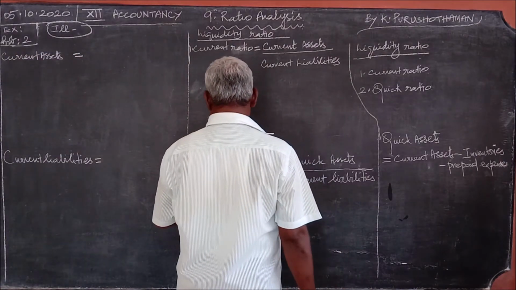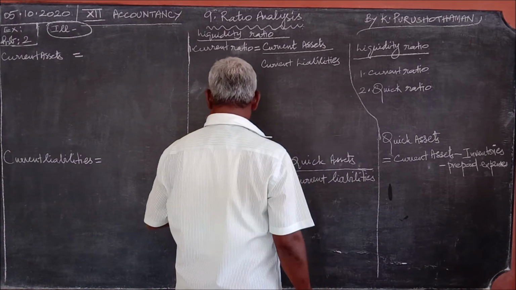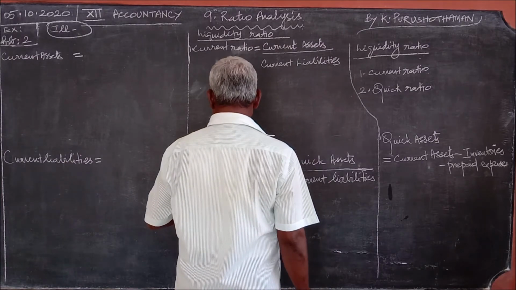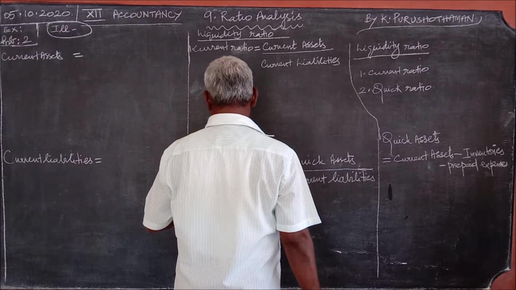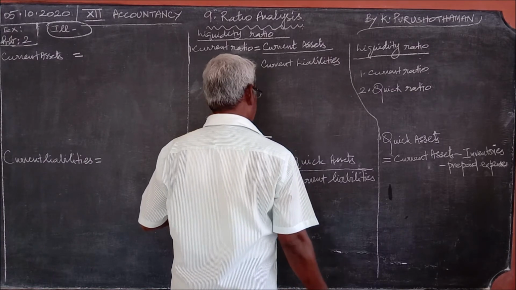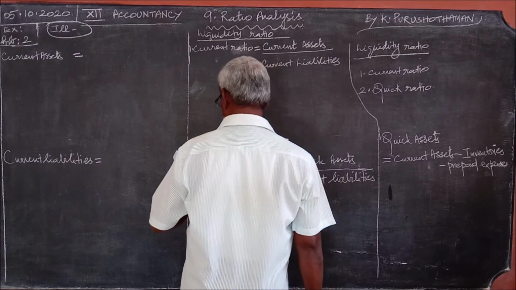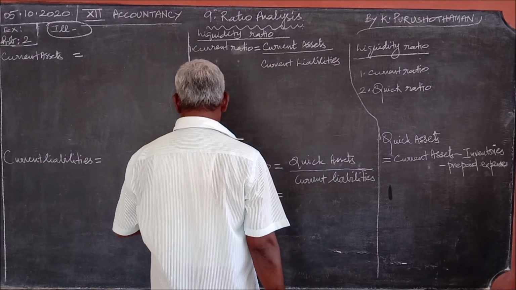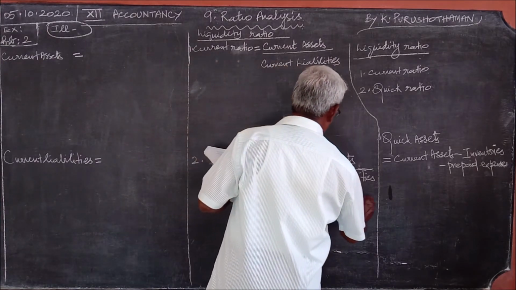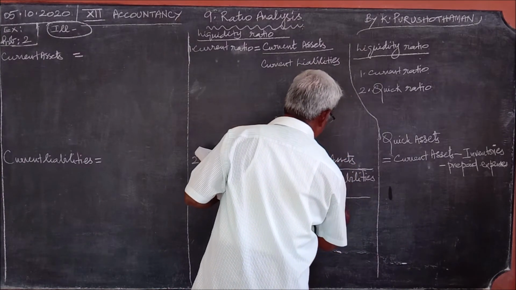You are supposed to calculate quick ratio, only this ratio you should find. Further, what is given? Total current liabilities, total current assets, inventories, prepaid expenses, etc. are given. Total current liabilities, it is 2,40,000. It is readily given.